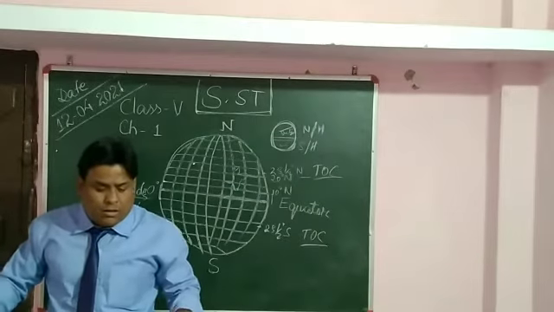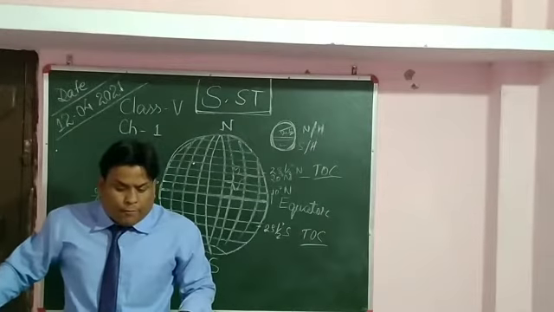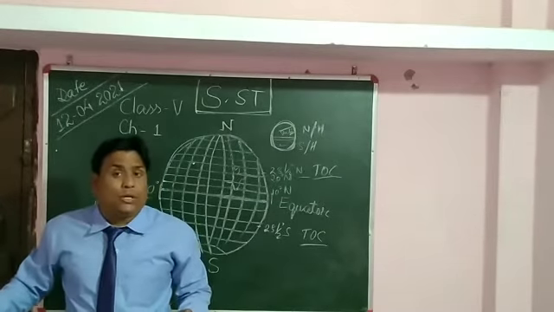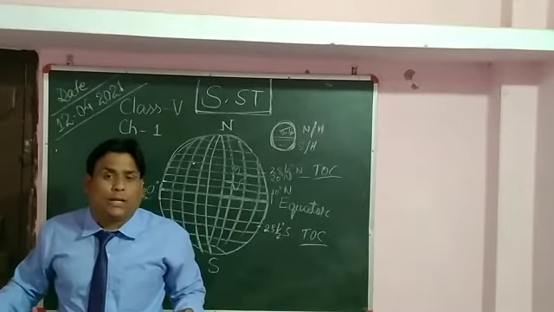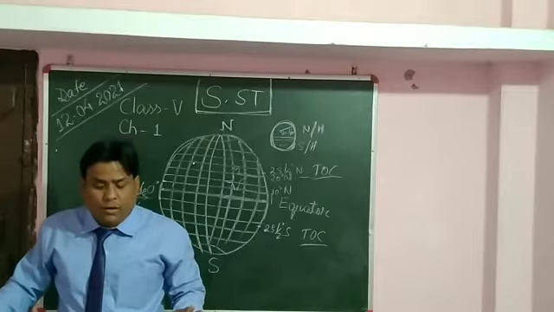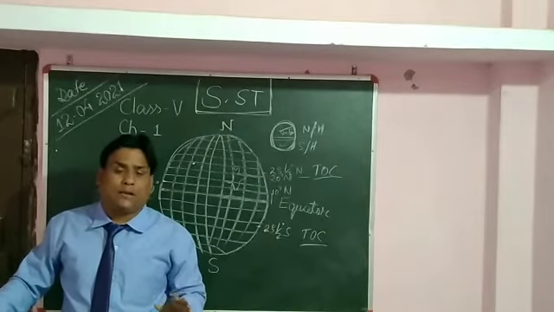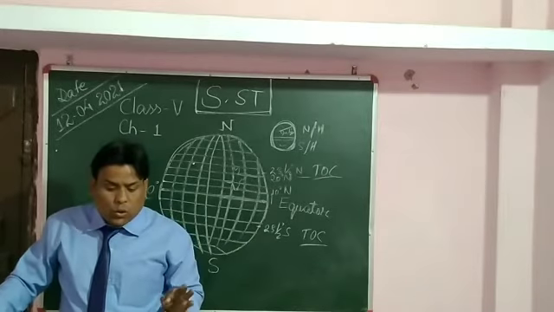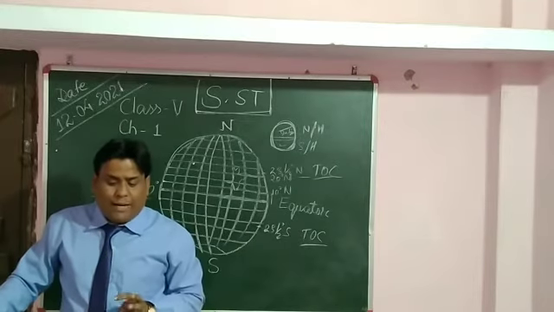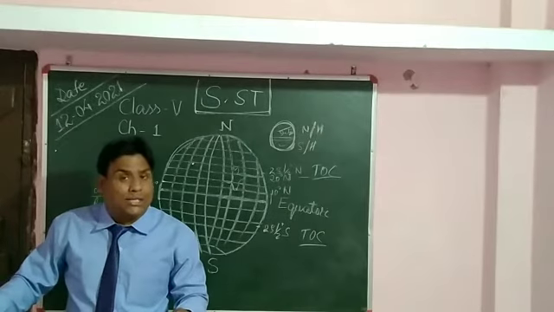Let's go to the book again. One of the easiest ways, as I told you, is the grid, the lines of longitude and the lines of latitude. You have to know these to find the location on the surface of the earth. So we use a grid made of two sets of imaginary lines, lines of latitude and lines of longitude.